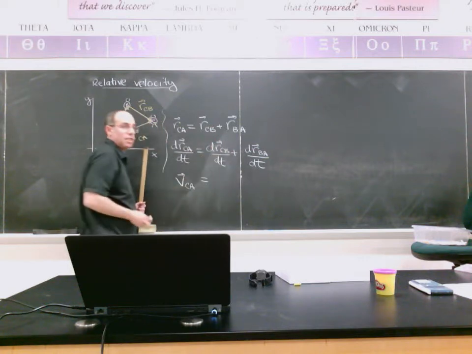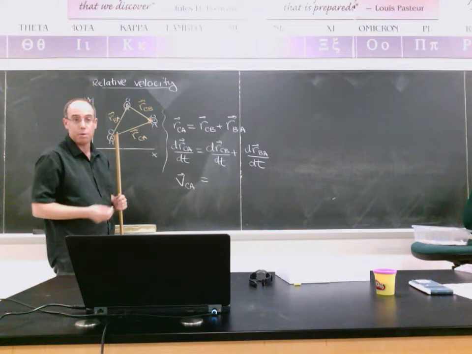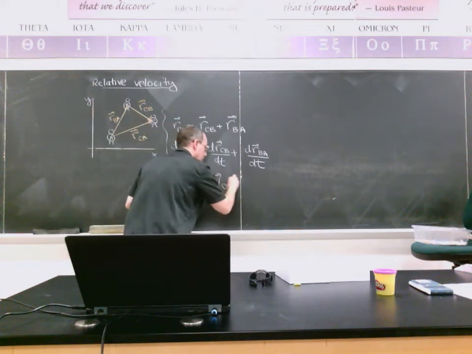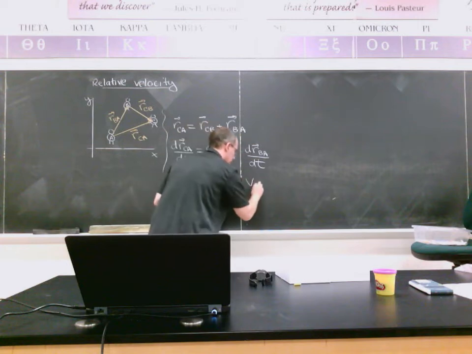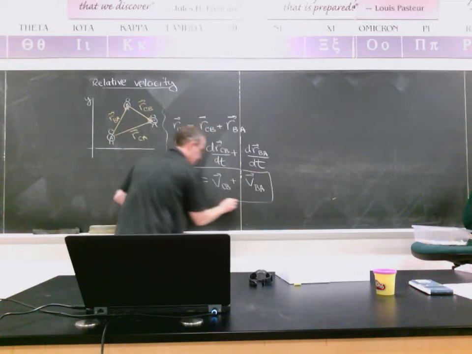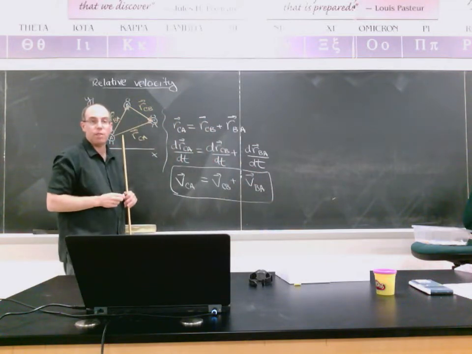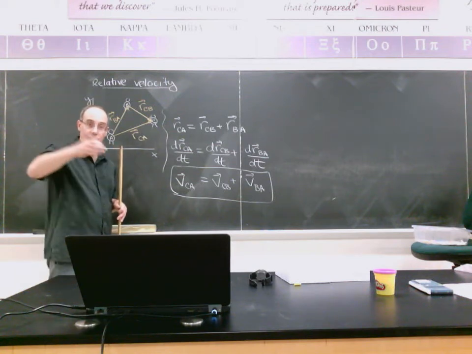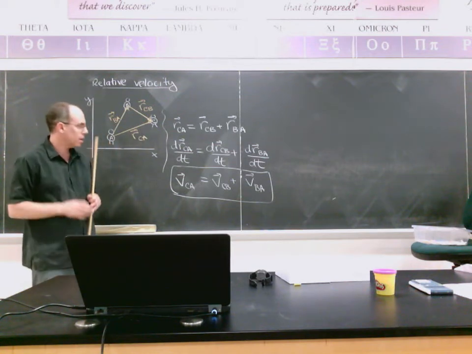This would be the velocity of person C as seen by person B. And this would be the velocity of person B as seen by person A. Okay? So what we have here is going to be the basis of all the relative velocity problems we do in the videos and then also on your homework.